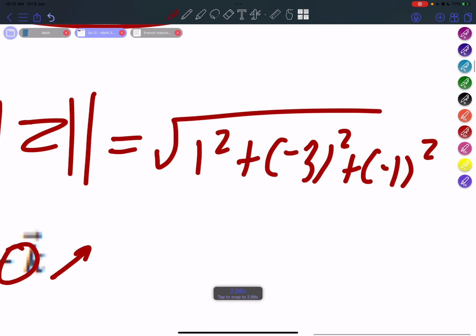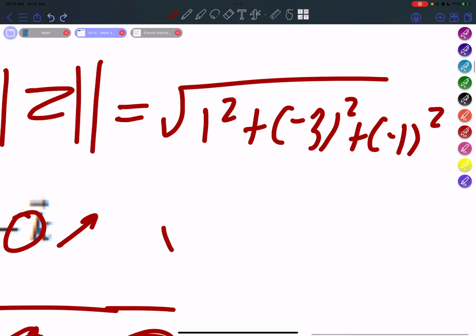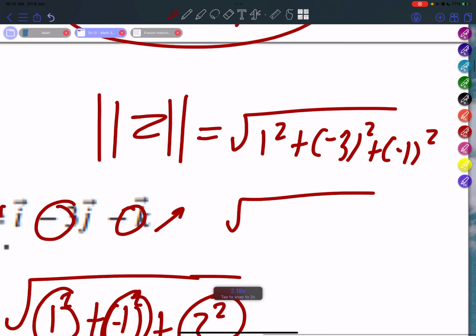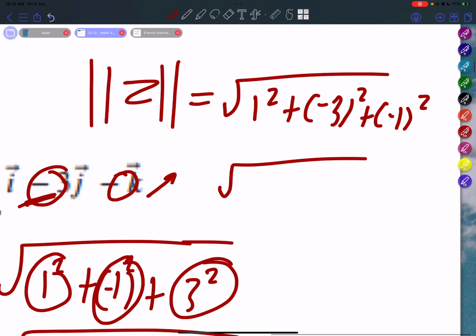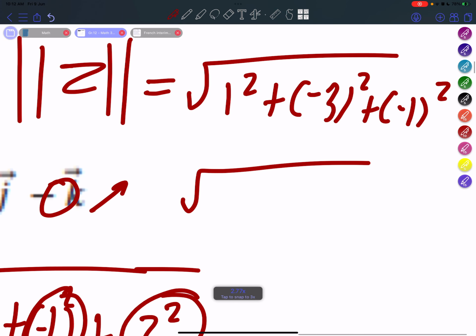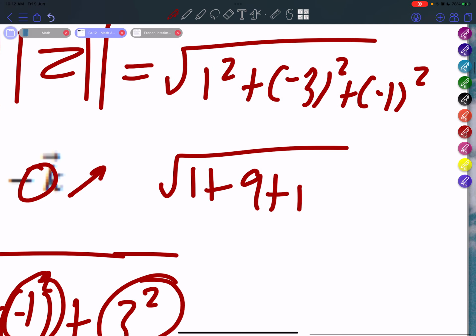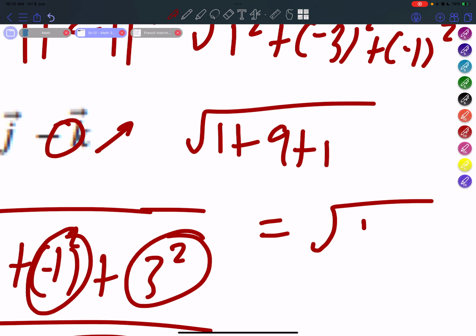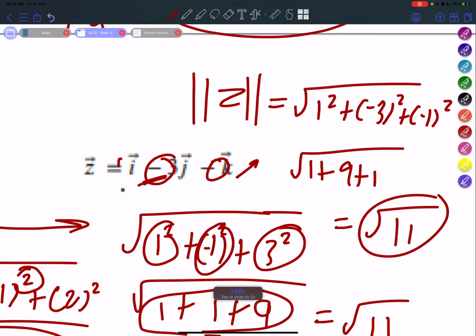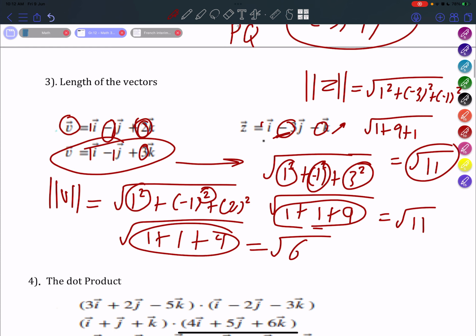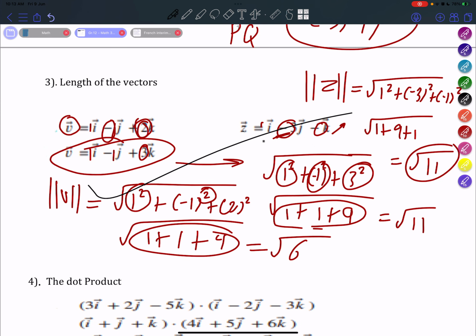Remember that writing the negative is useless because you'll square it either way, but I'm writing it so that you don't get confused about what happened to the sign. It is still carried all the time. So 1 square is 1, plus negative 3 square is 9, plus 1 square is 1, meaning that we will get the same length as V in this question. So this is question 3, done.